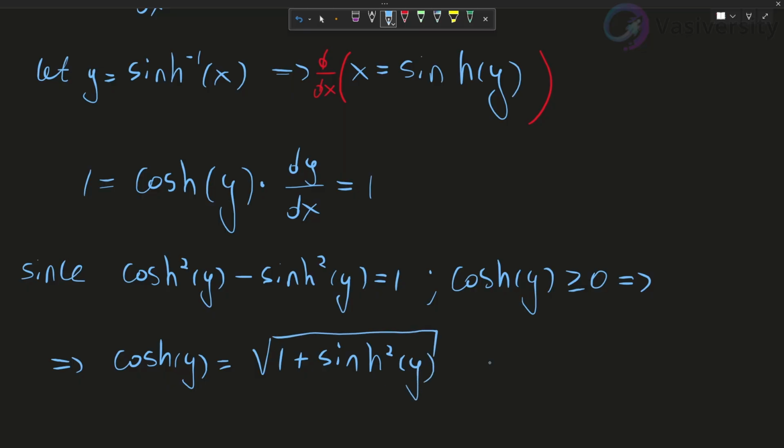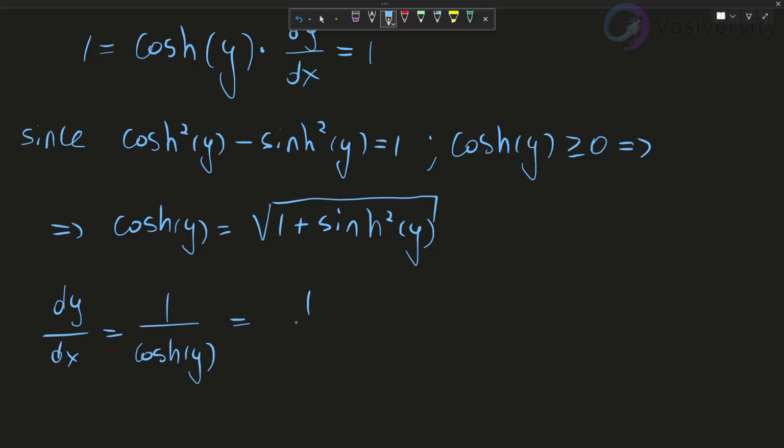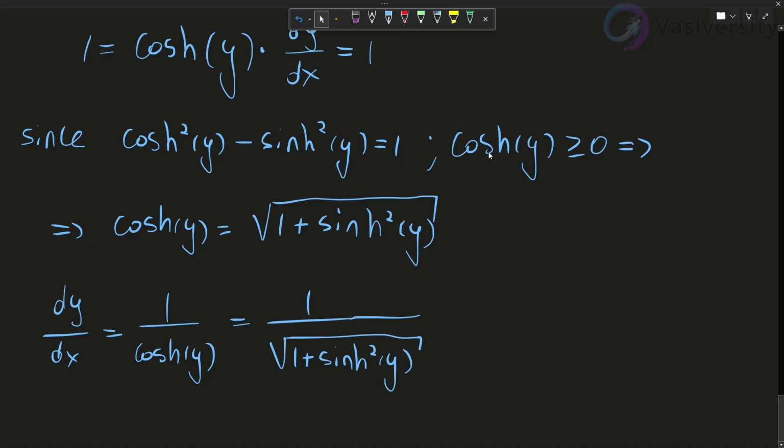Okay, so therefore we can plug into this expression. We know that dy/dx is going to be 1 over hyperbolic cosine of y, which is equal to 1 over the square root of 1 plus hyperbolic sine squared of y, and we remember what y is equal to. y is the inverse hyperbolic sine of x.